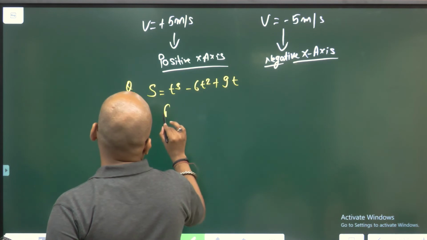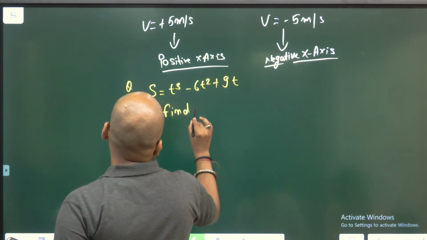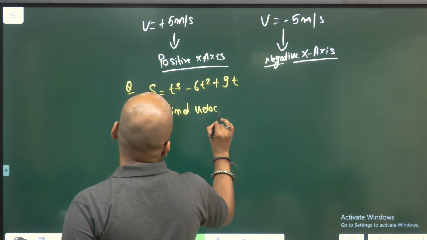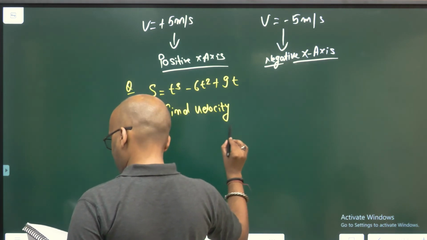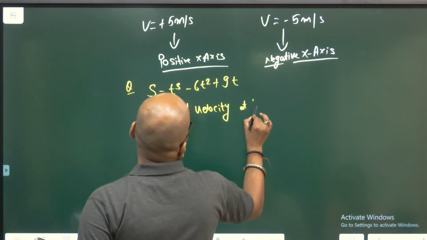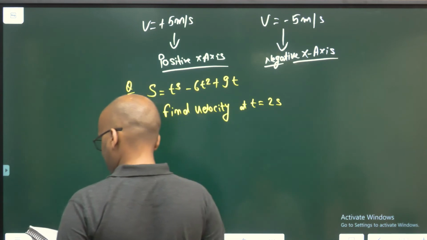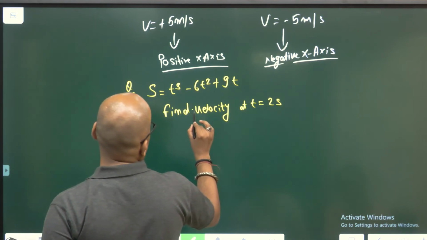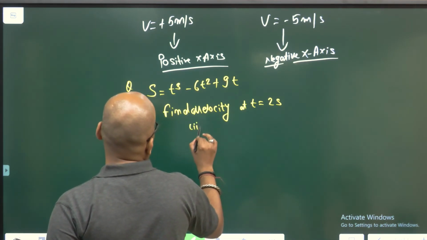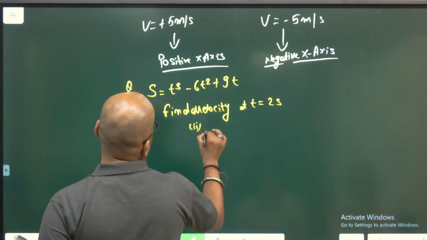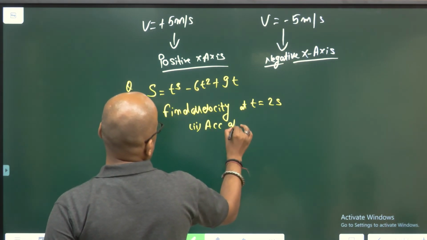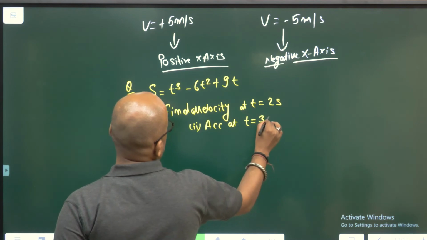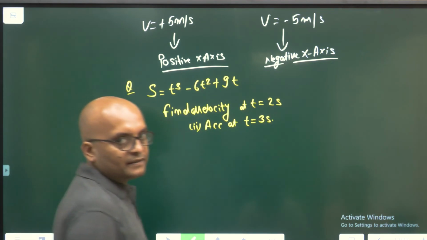So find velocity at T equals to 2 seconds, and this is part 1, and second part is you have to calculate acceleration at T equals to 3 seconds. Do it.